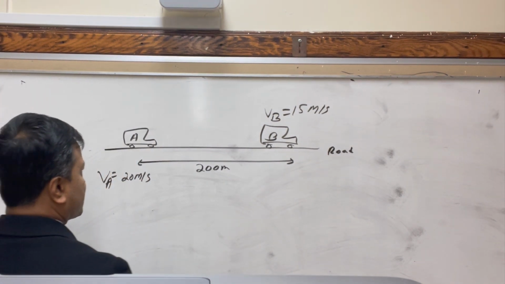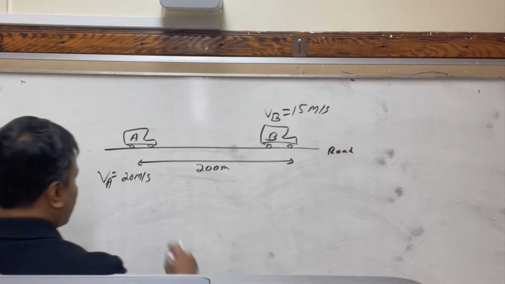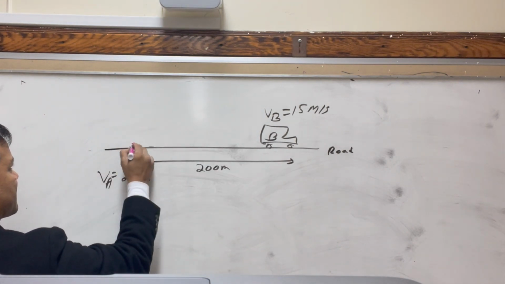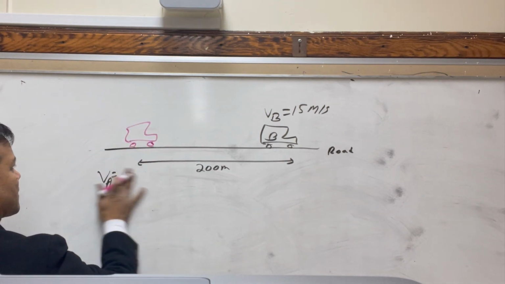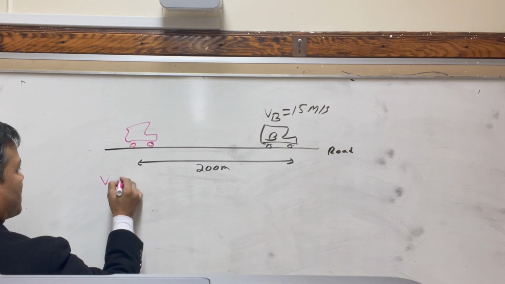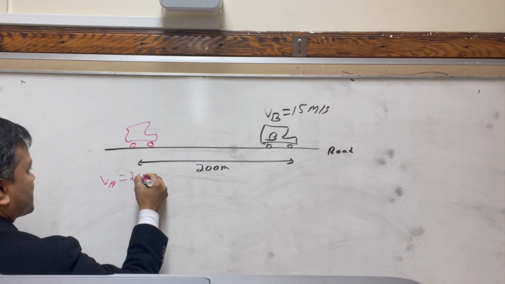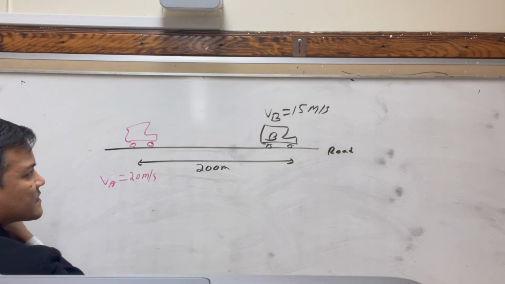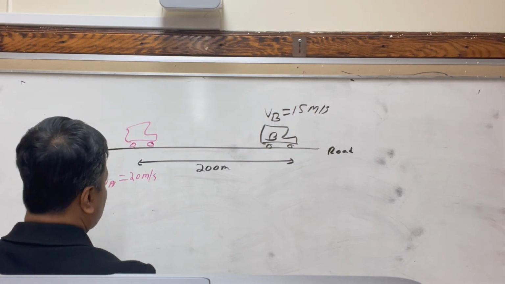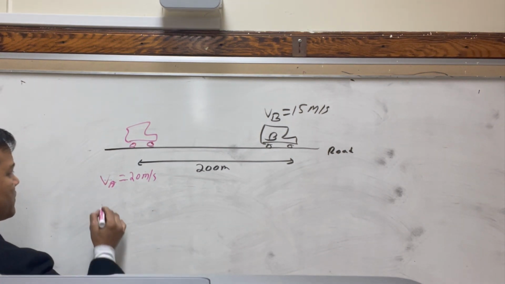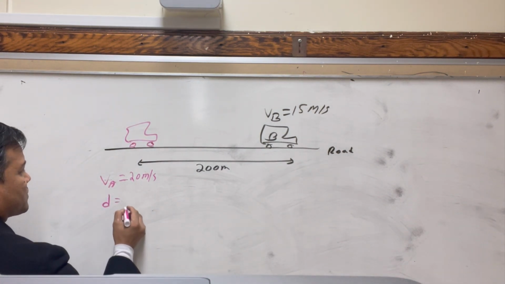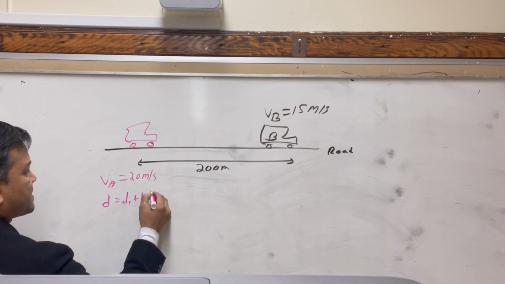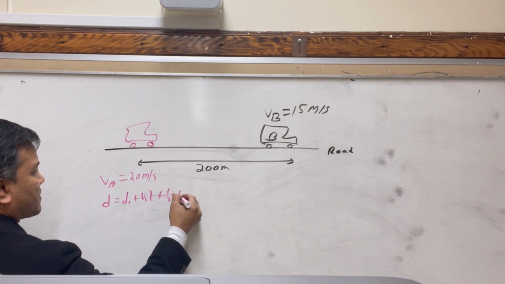How can we do that? Let's represent car A with a different color, 20 meters per second. We know that d is equal to d initial plus Vit plus half At square.